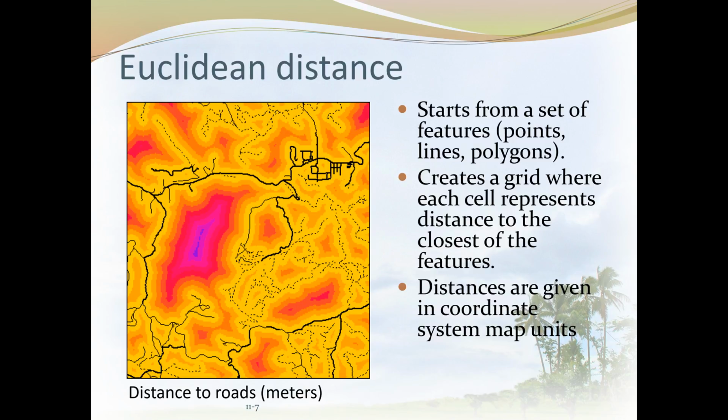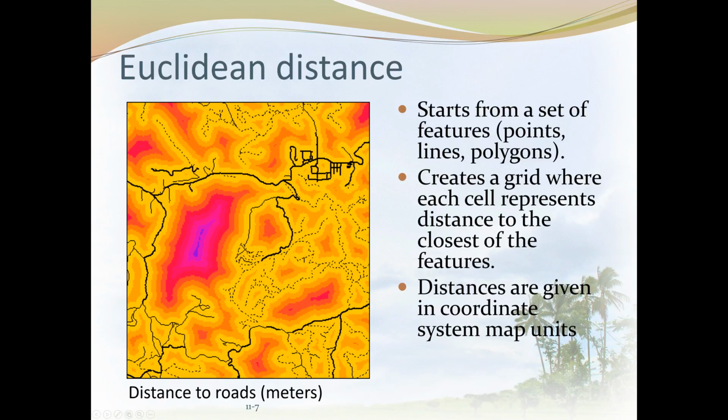So here, distance to roads in meters. It starts from a set of features, points, lines, or polygons. It creates a grid where each cell represents distance to the closest of the features, and the distances are given in coordinate system map units.